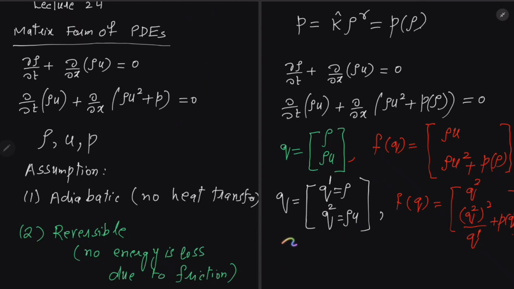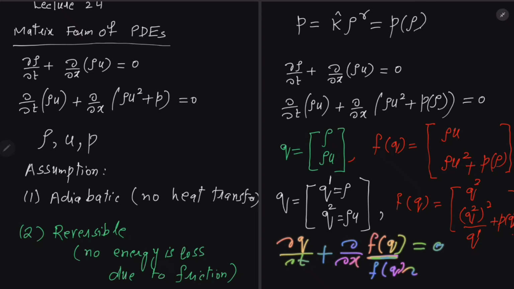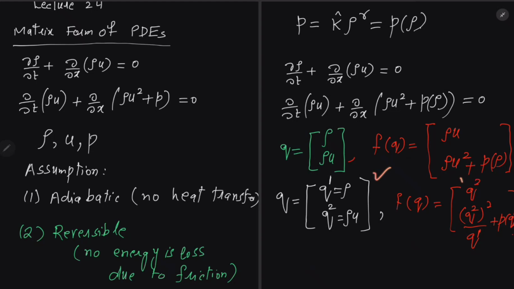It will be written like this: partial q by partial t plus partial by partial x of f of q is equal to 0. And you know where we started our lecture. We started from the advection equation, when f of q was equal to u bar times q, right? So that's how we write the matrix. You should remember this matrix form.